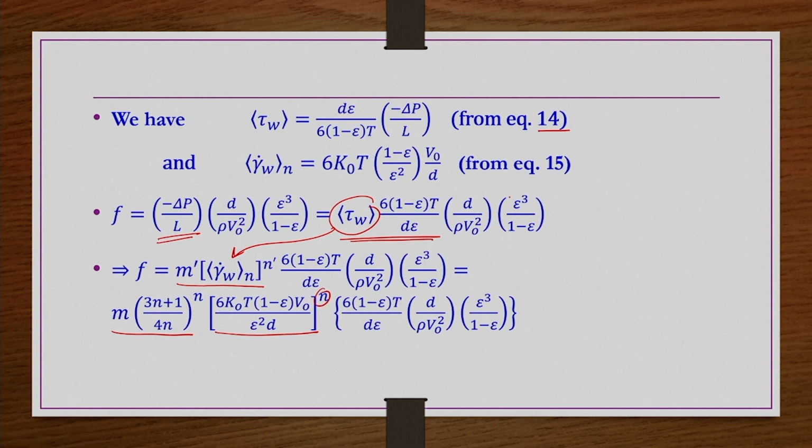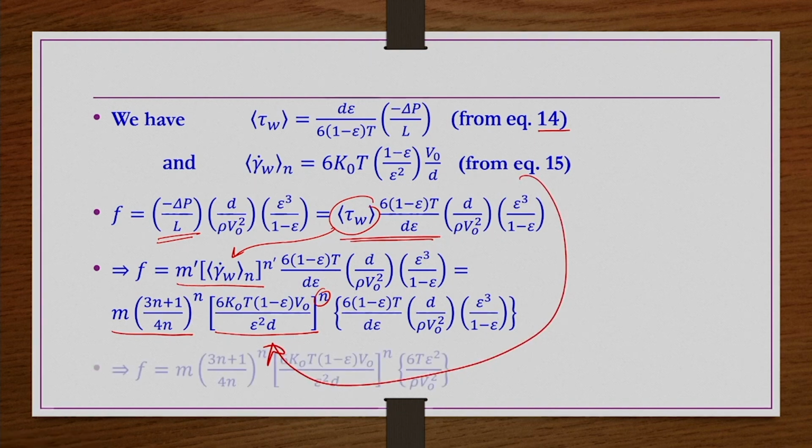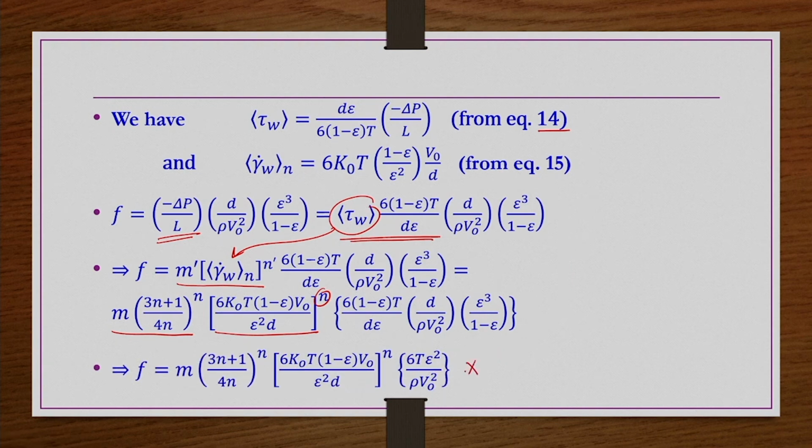This is coming from equation number 15. After doing this, if you simplify, this is the equation that you get. Now in this equation you do not have any unknown. Usually this k naught T epsilon for a given packed bed are known from the experimental conditions.